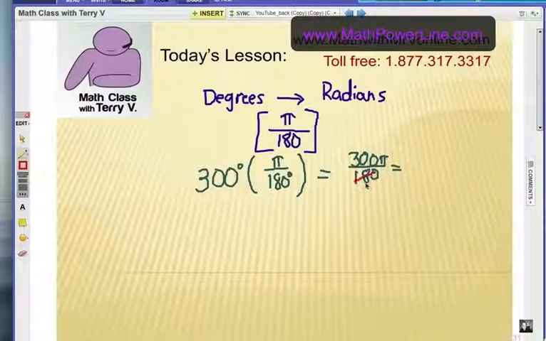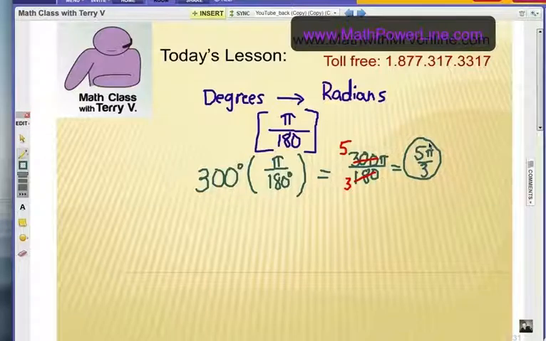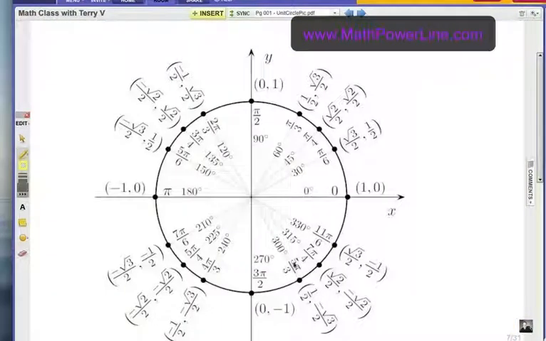I should be able to divide each of these by a factor of 60, which will leave a 3 in the denominator and a 5 in the numerator. The answer is 5 pi over 3, or 5/3 pi. Let's check the unit circle. Yes, there it is: 5/3 pi, same as 300 degrees.